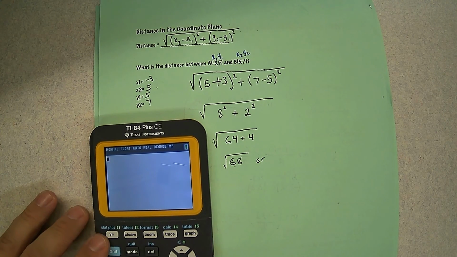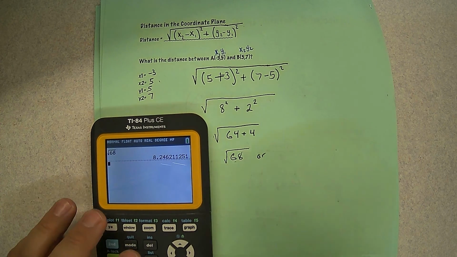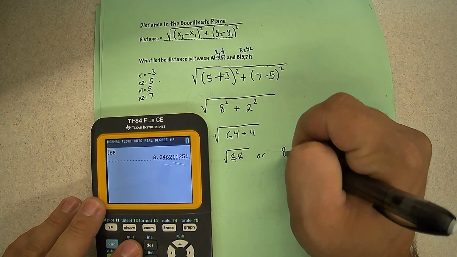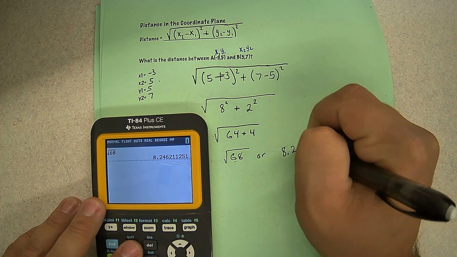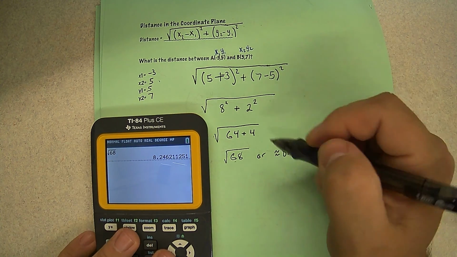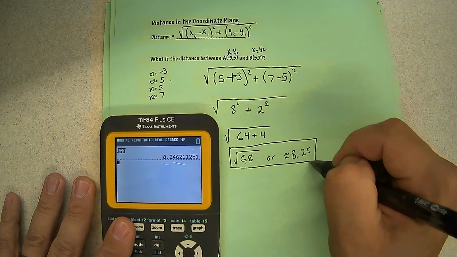So we do our square root of 68, and we get 8.24, and we'll round that up to 5. So it's about 8.25. We can kind of put those little squiggly equal signs. So it's pretty close to that. Either one of those is going to be acceptable.